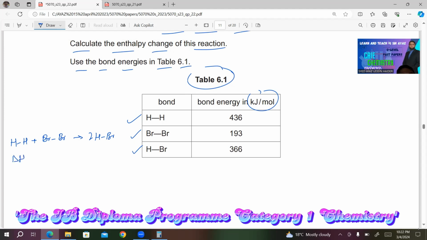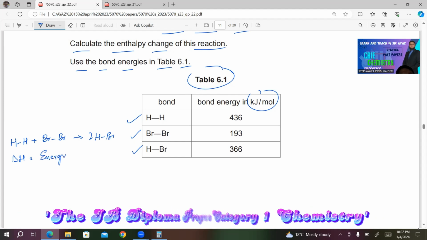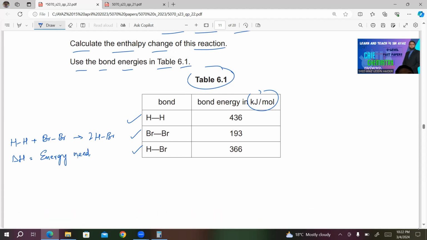So delta H is equal to energy needed to break bonds minus energy released in bond making.